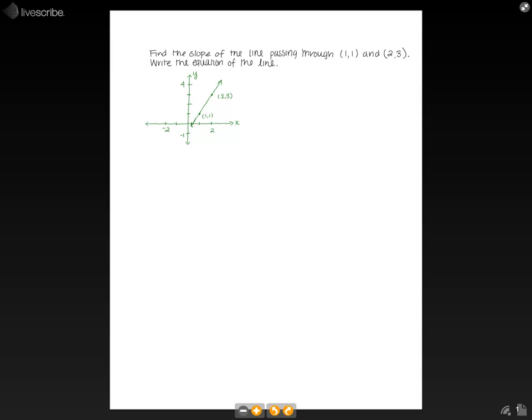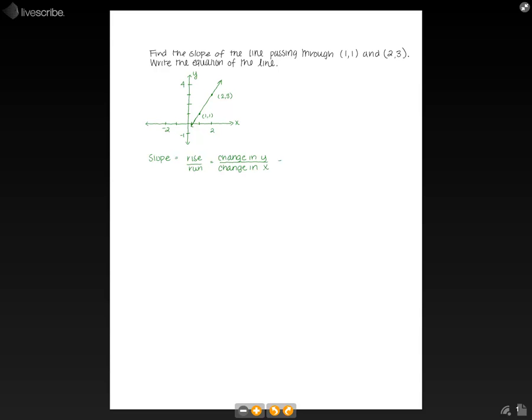Alright, so it says find the slope of the line passing through (1, 1) and (2, 3). We know that slope can be defined as rise over run. So the rise is also known as the change in y, and the run is also known as the change in x.